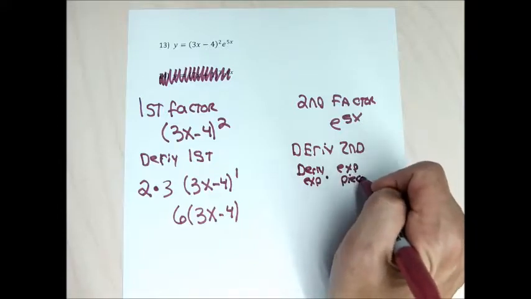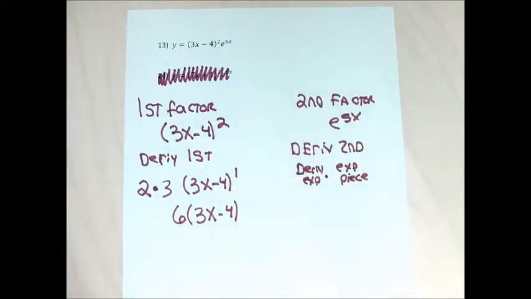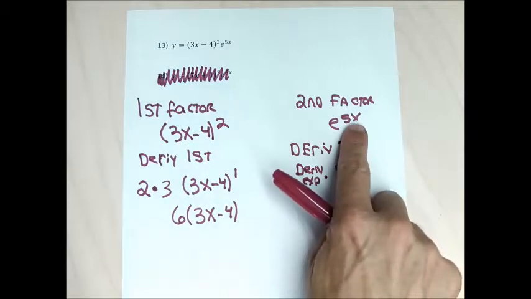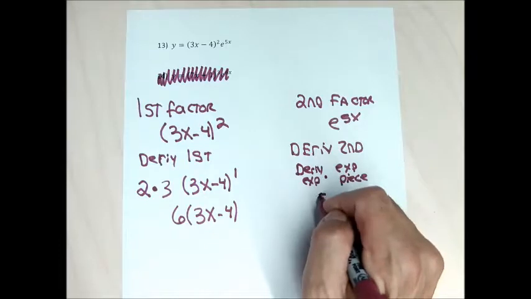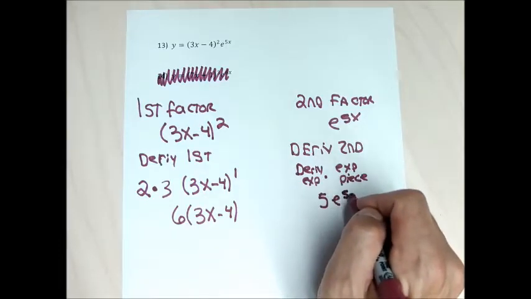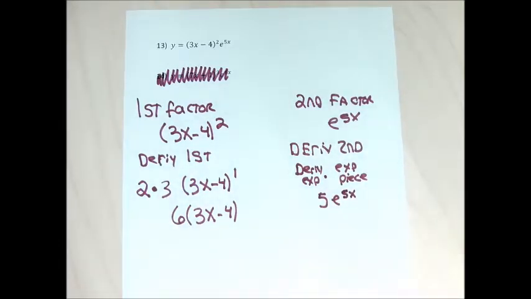Because the other two pieces, the coefficient and the natural log of the base, are 1, I don't need to write those pieces. So I'm going to write the derivative of the exponent. The exponent is 5x, its derivative is 5, and the exponential piece is e to the 5x. So those are the pieces I need.